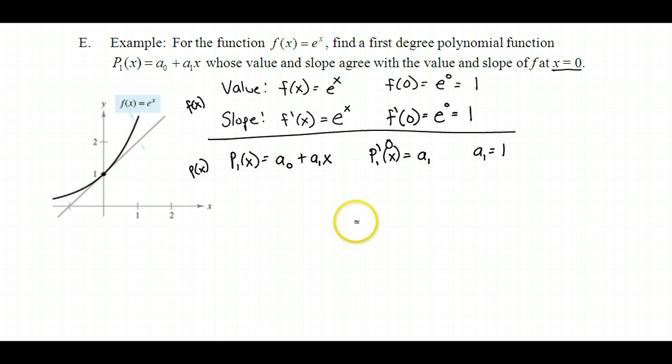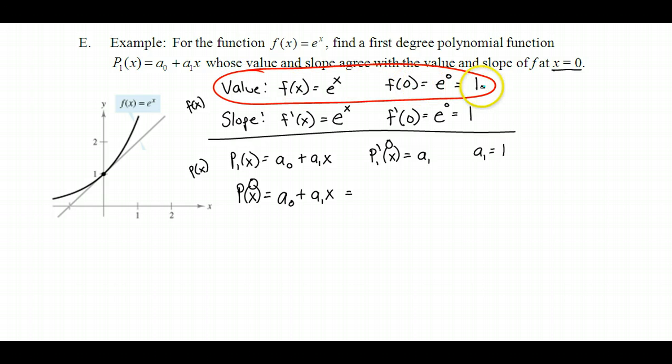The other thing we have to solve for is for our values to be the same. If I take my original polynomial, a sub 0 plus a sub 1 times x, and plug in 0 for x, it has to equal 1.